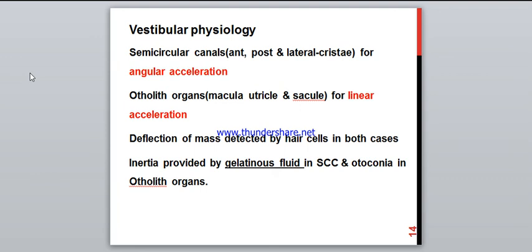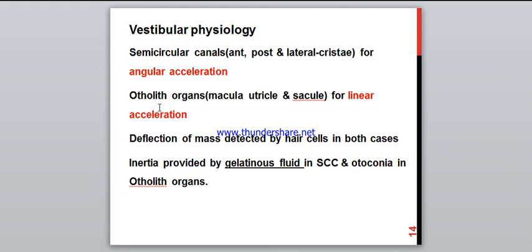Other organs that help in balance are the otolith organs, macula, utricle, and saccule, for linear acceleration of the head. Balance keeping is done by these. Deflection of the head is detected by hair cells in both the semicircular canals and otolith organs, and inertia is produced by the gelatinous fluid in the semicircular canal, and by otoconia in the otolith organs.